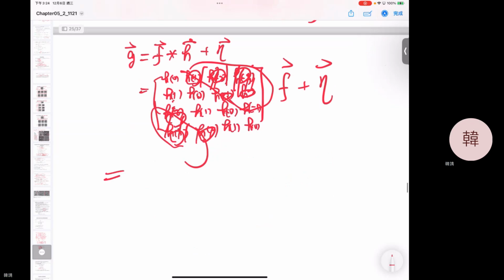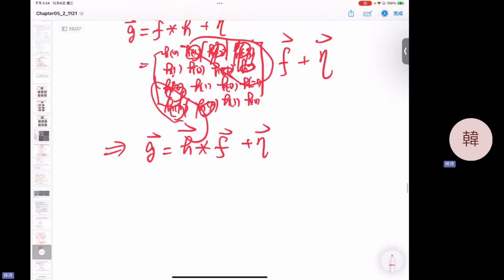What's the format? Our G vector. Originally, it should be H convolved with F plus eta. But after your derivation, step by step, and then pulling out all the 0 items, it becomes a matrix here, H times this vector F, plus eta.